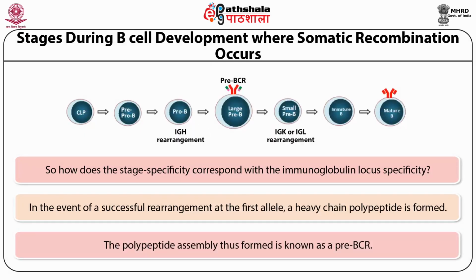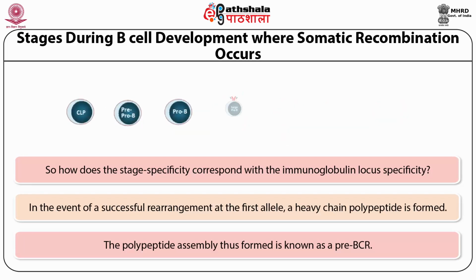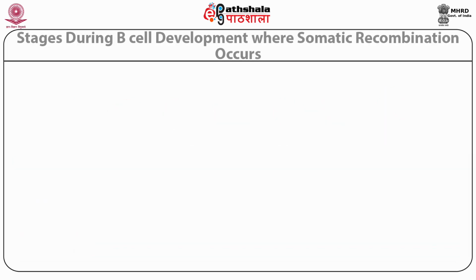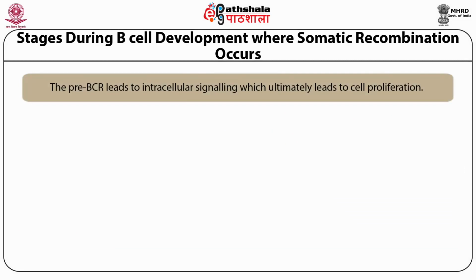The polypeptide assembly thus formed is known as a pre-B cell receptor or pre-BCR. The pre-BCR leads to intracellular signaling, which ultimately leads to cell proliferation. The pre-BCR also inhibits rearrangement at the second allele, and this phenomenon is known as allelic exclusion.